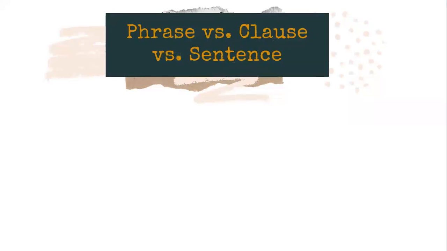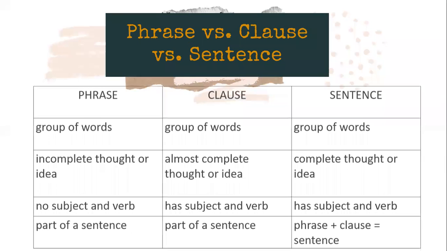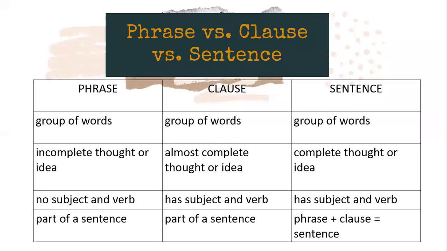So after accomplishing this task, let's again review what is a phrase versus a clause versus a sentence. Here is a table that shows the different definitions of a phrase, a clause, and a sentence. Let's discuss first a phrase.